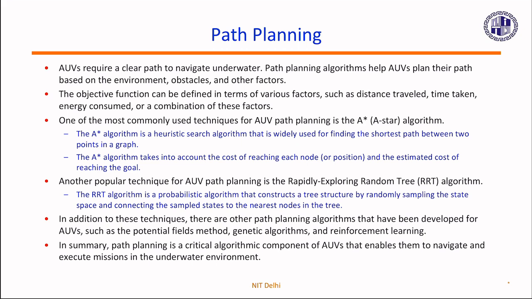In summary, path planning is a critical algorithmic component of AUVs that enables them to navigate and execute missions in the underwater environment. Various techniques can be used for AUV path planning, including heuristic algorithms, optimization algorithms, and machine learning algorithms, as explained above. The choice of these techniques depends on the specific requirements of the mission and the environment.